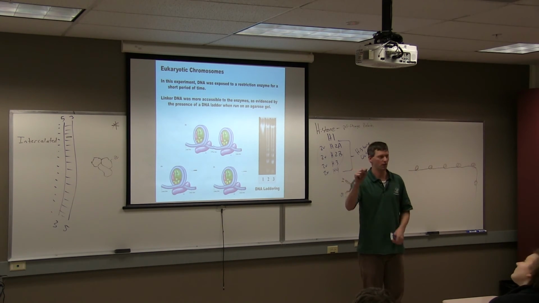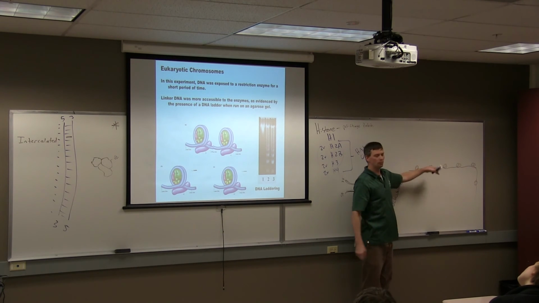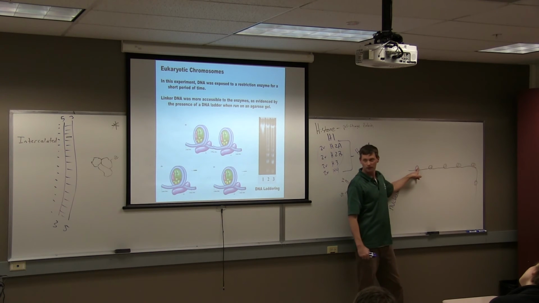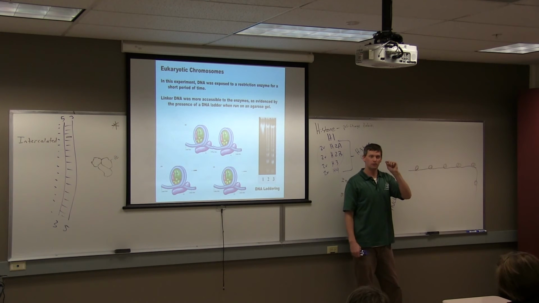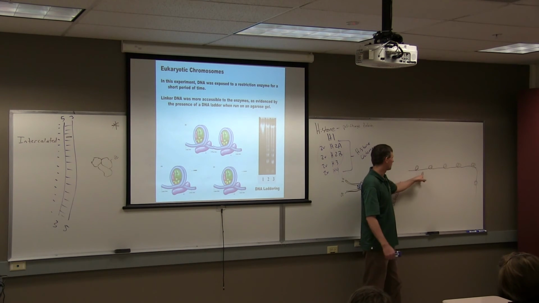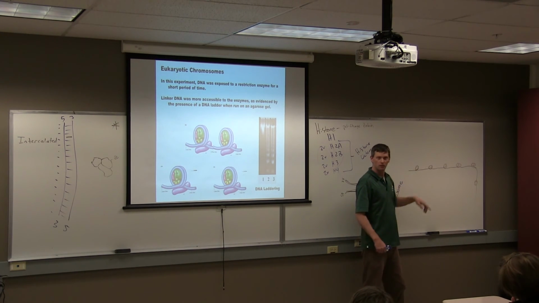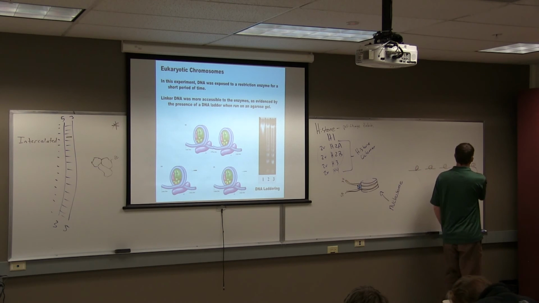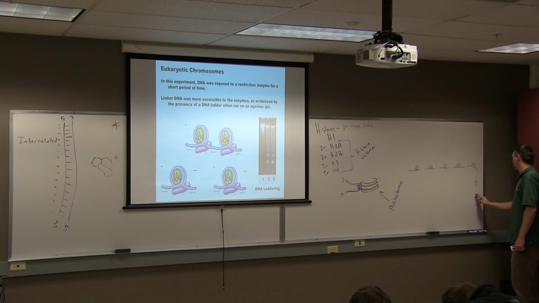If I took that restriction enzyme and threw it into a tube with this, that restriction enzyme can't bind the DNA wrapped around the histones because it's hidden. That restriction enzyme can only bind to DNA in the linker regions, right? So that restriction enzyme would cut here, and here, and here, right?